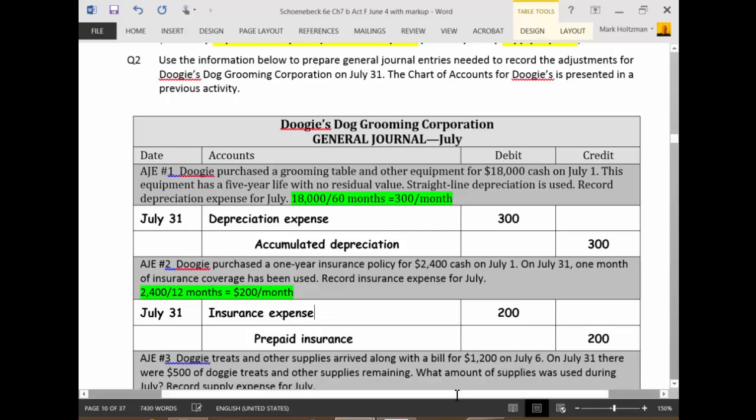By debiting insurance expense, I'm increasing it. So the asset is going down by 200 and the expense is going up by 200. Depreciation expense, debiting it is going to be increasing the expense. Accumulated depreciation is a weird kind of account.